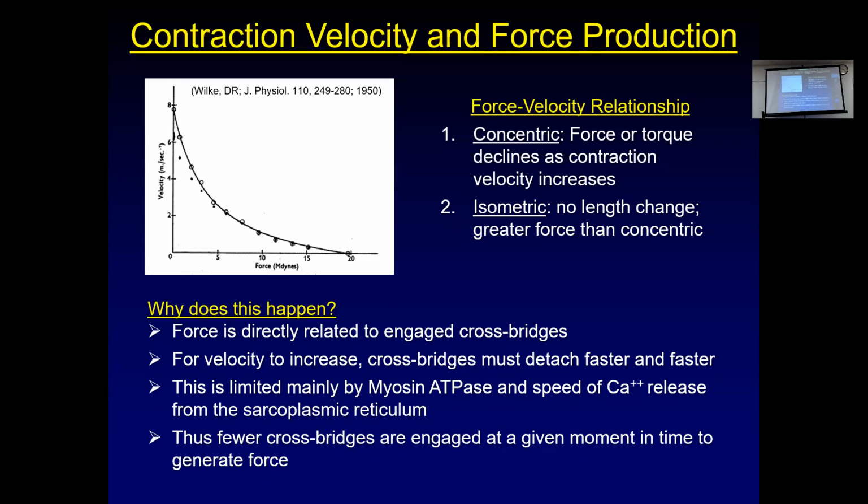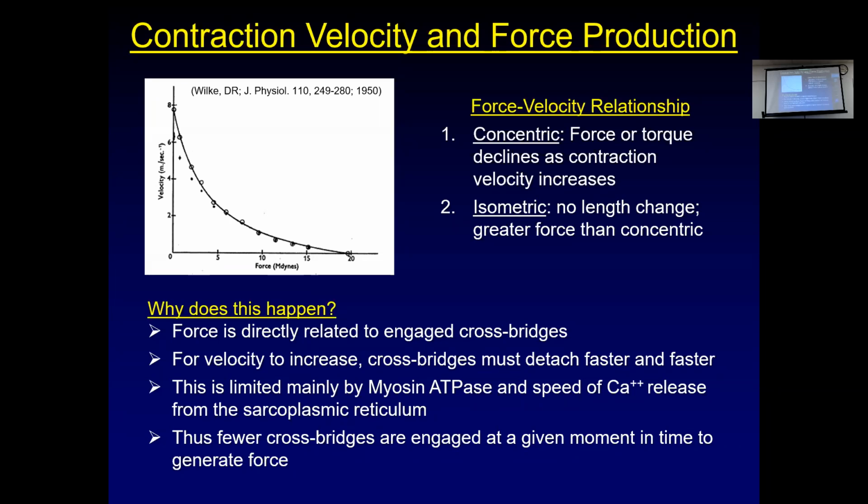We don't care what happens during isometric contractions, because isometric contractions are contractions where the muscle does not move. Here, when we had Nick just hold, this is an isometric contraction. I'm holding a weight static. An isometric contraction could also be me pushing on the wall, but the wall's not going to let me move.